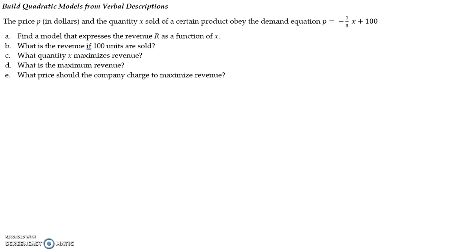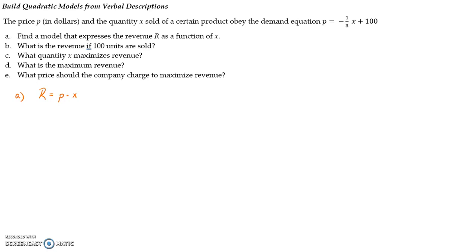So let's start with our revenue function. Remember that revenue is calculated by taking the price, and we're going to multiply it by the number of items that we sell. So P represents our price, and X is going to represent the number of items that we sell.